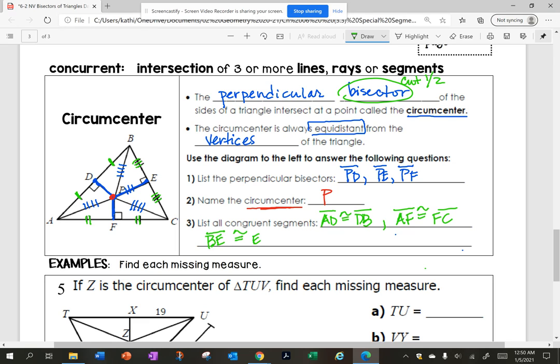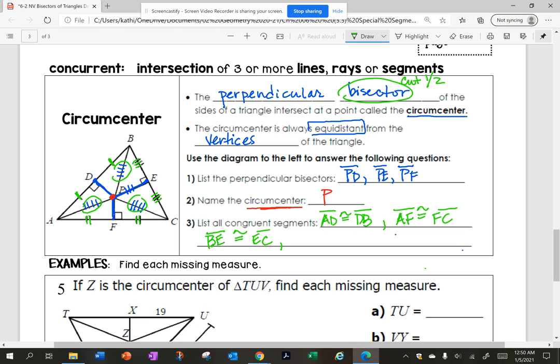It's congruent to segment EC. And then these segments are all congruent. So segments from the vertex to the circumcenter are all congruent.